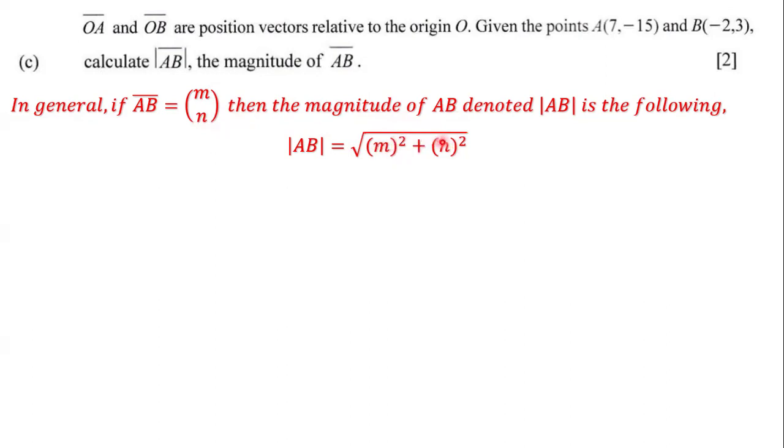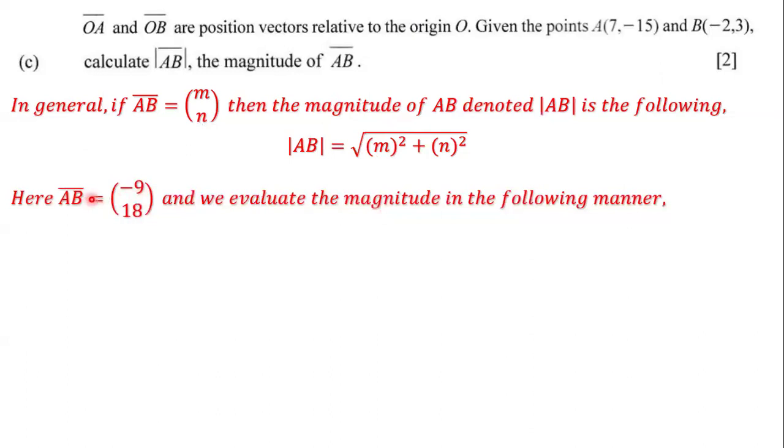We add them, then we take the square root of that sum. That's basically how we find the magnitude of a column vector with two components in general.